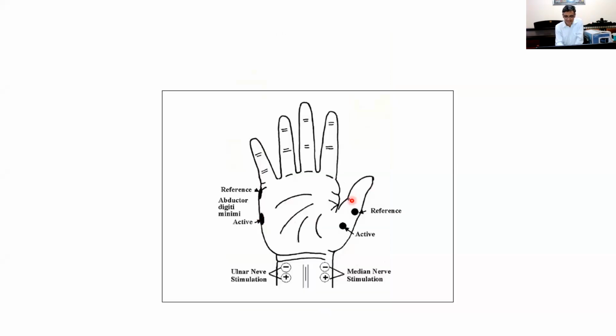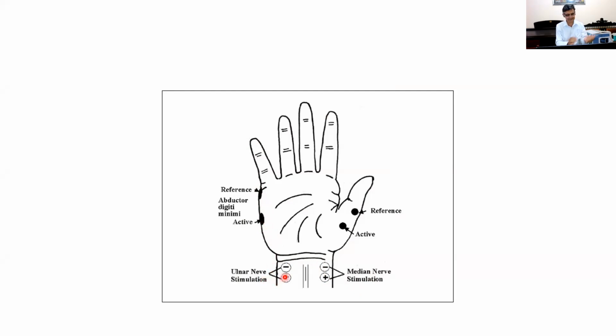And you can record the motor activity of the median nerve by keeping recording electrodes on the thenar side and stimulating the median nerve here. Or you can study the ulnar nerve by keeping electrodes on the hypothenar eminence, and then stimulate the ulnar nerve, right?